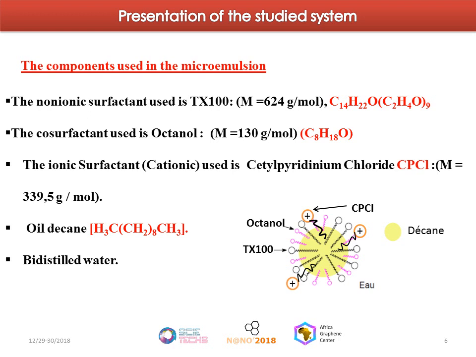Its molar mass equals 130, and the ionic surfactant used is the chloride CpCl. Its molar mass equals 329, and the oil used is decane, and the last component is distilled water.